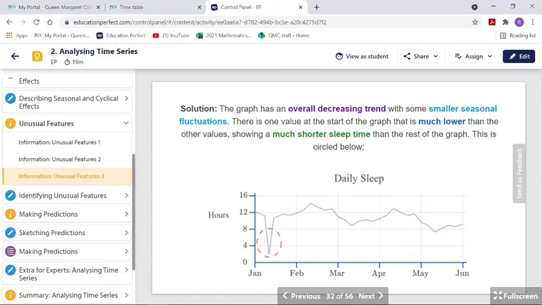Now, what if I saw a huge dip in use of Education Perfect at 10:20 every day at Queen Margaret? What would happen? That's an unusual thing. Usually it's pretty constant throughout the day, but at that one time it really dips lower. What's happening?